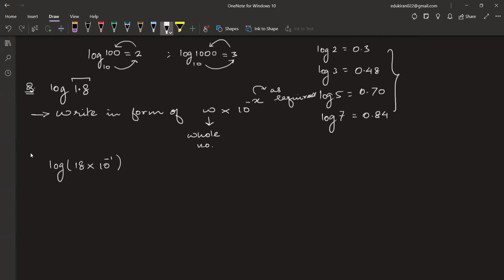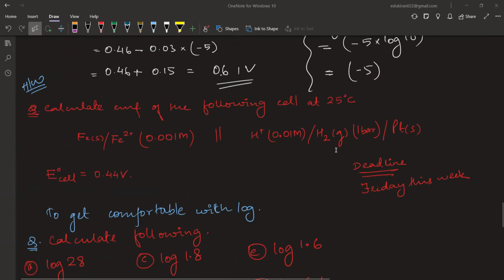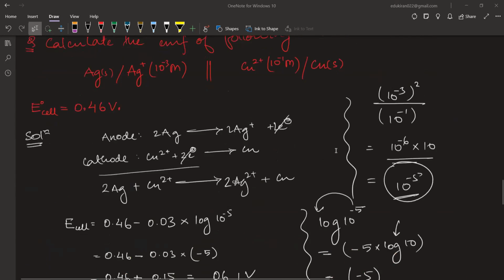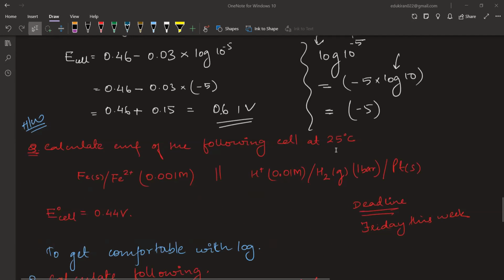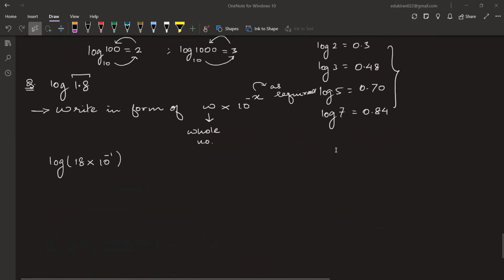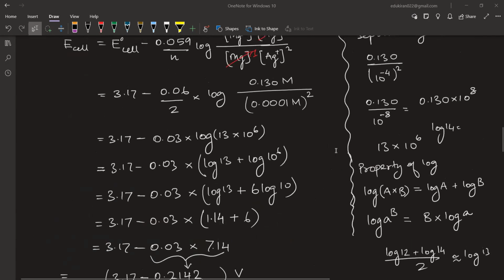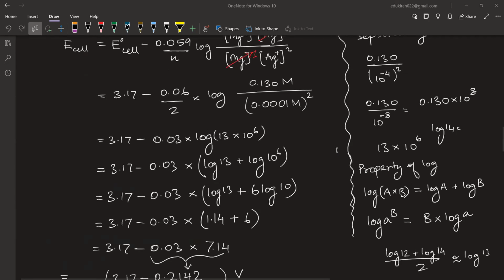Now we will use the property of log. Here, log a into b is equal to log a plus log b.